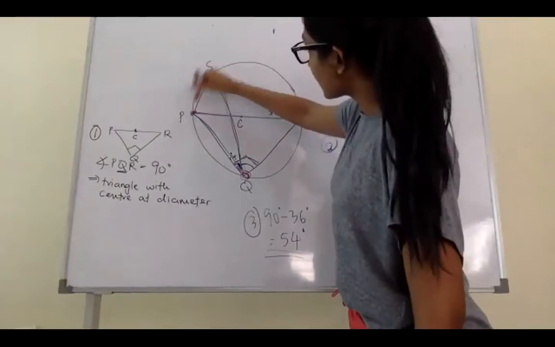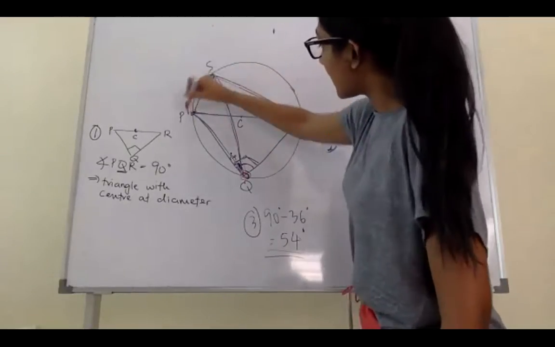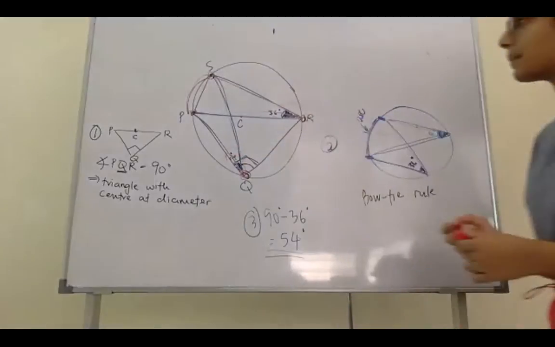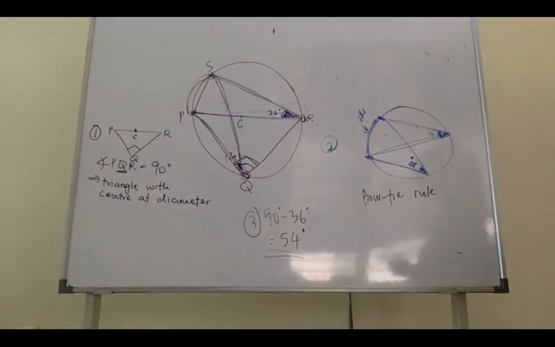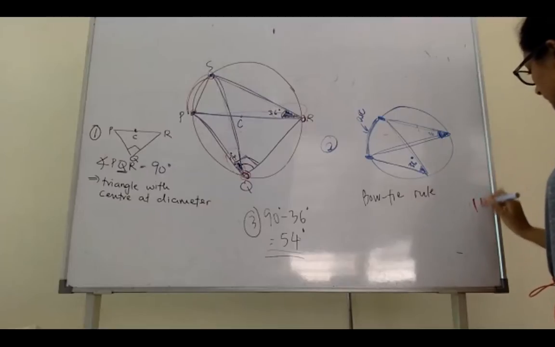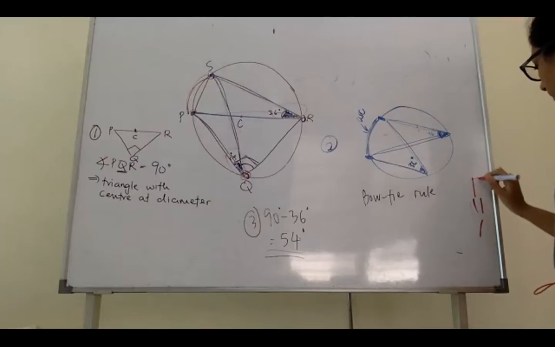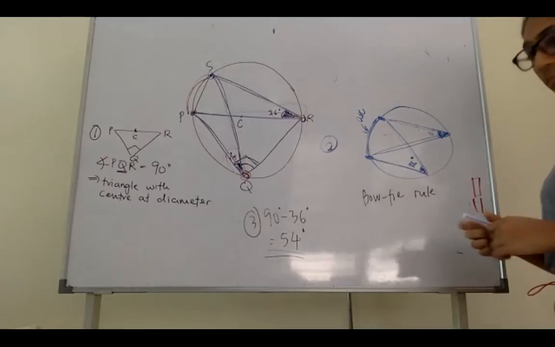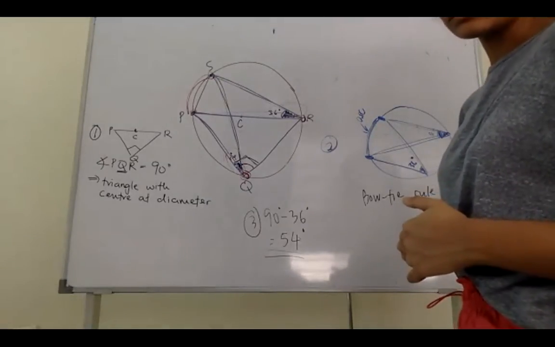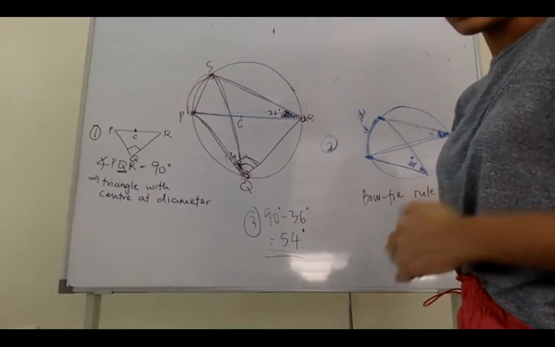They intersect at the same side and they have the same arc. Automatically, this angle and this angle will be the same. Can you see? There you can see. Can see, sir.